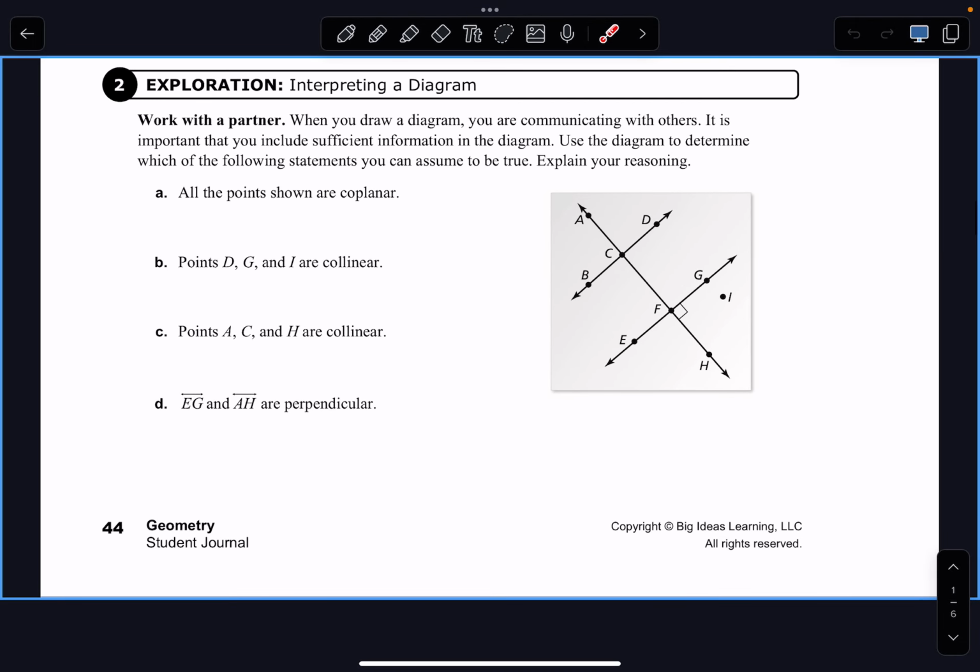What is kind of frustrating with geometry is that we cannot make assumptions. When we look at a diagram, we have to look at the information that is given and not make any assumptions. So what I want you to do is take some time, you and your table.